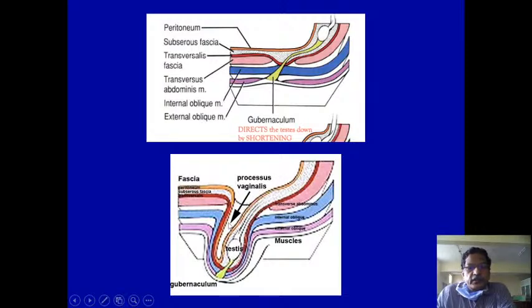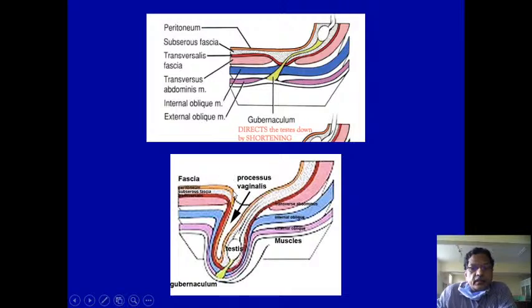So when this processus vaginalis evaginates outside, it also takes the gubernaculum and testis through the canal. By this you can understand the scrotum has got components of all the layers of the abdominal wall represented in its layers.